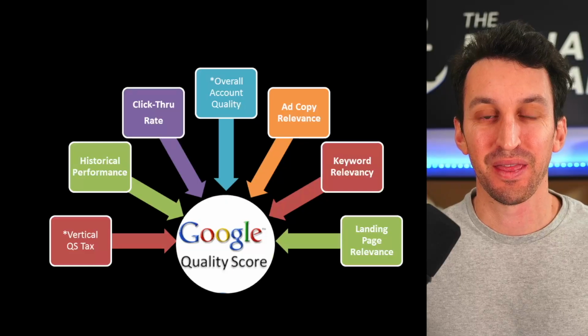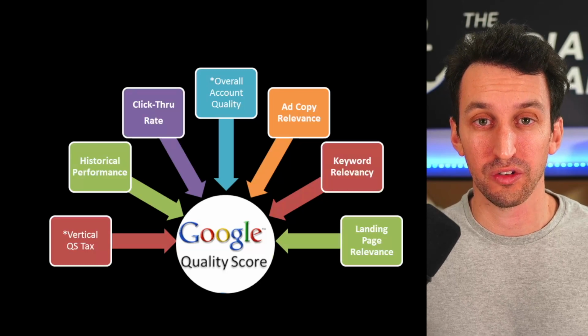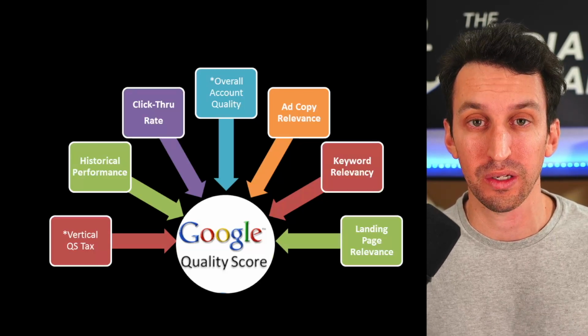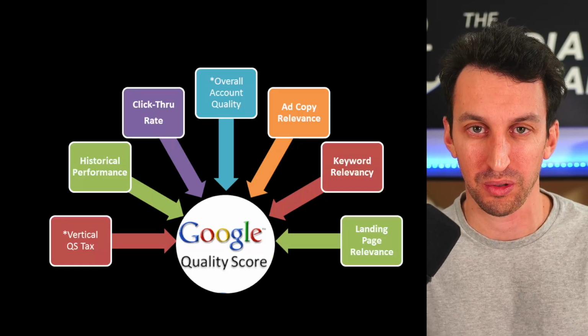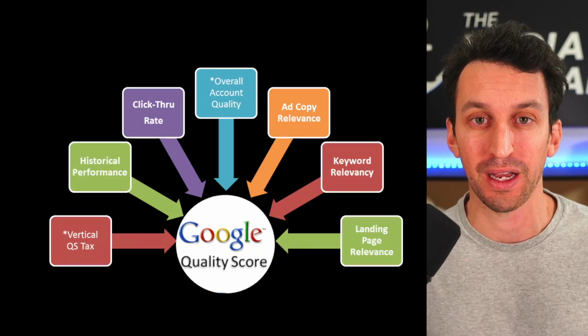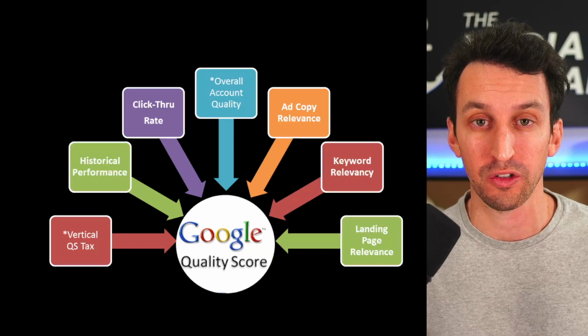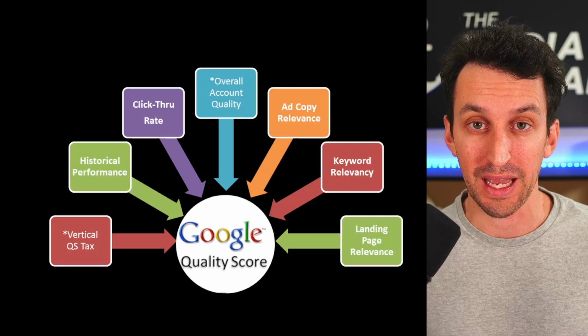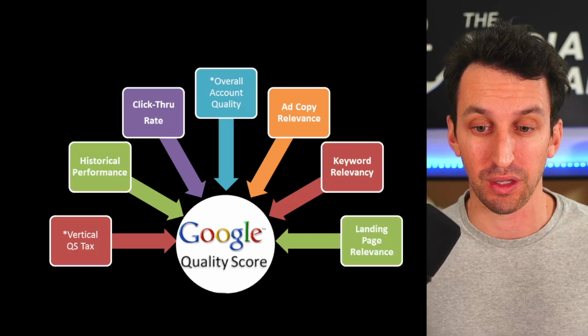There is a metric within Google Ads called quality score. This is so important because if you have a higher quality score, it lowers your cost per click, and it's pretty much a snowball effect. One of the main things quality score takes into consideration is the keywords, the ad copy, and the relevancy of the landing page.